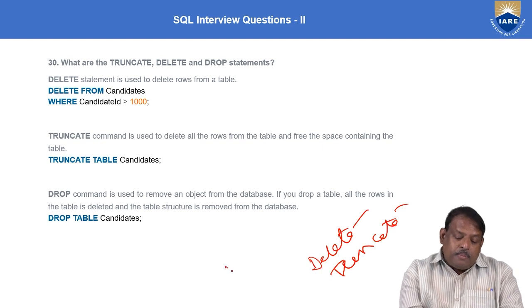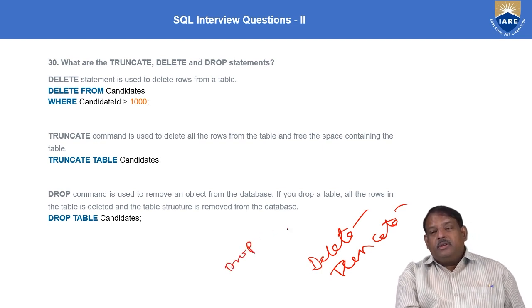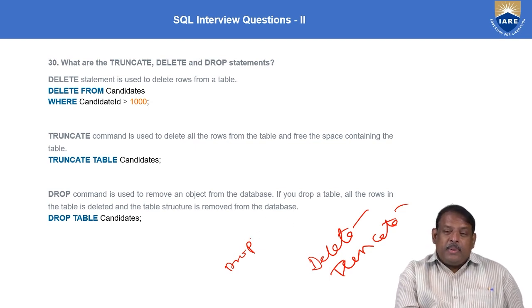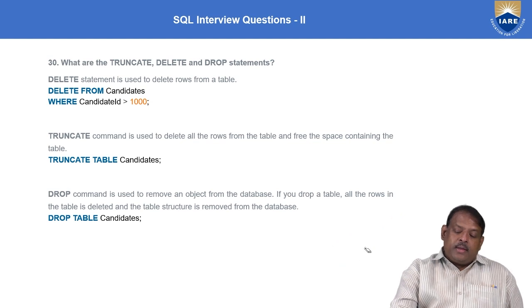But when you use drop, your structure is removed. That means you can no longer access the object. So the drop command is drop table name, drop procedure name, drop view name. Like this are the commands.